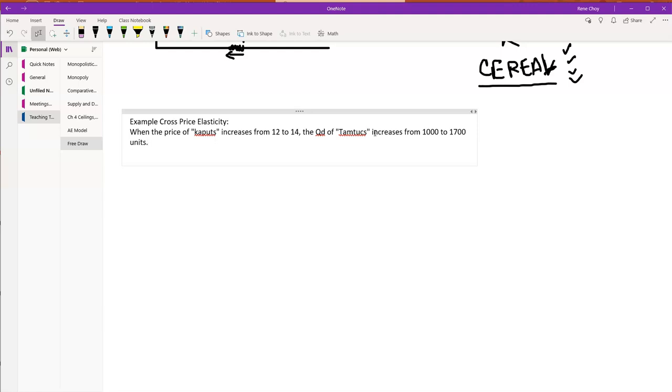So question number 1, calculate cross-price elasticity, and question number 2, what is the relationship between the two goods.